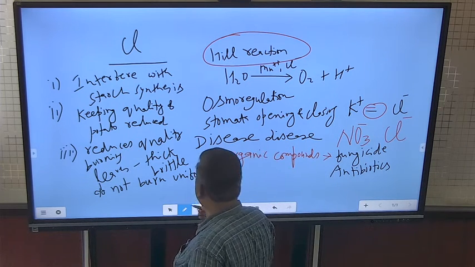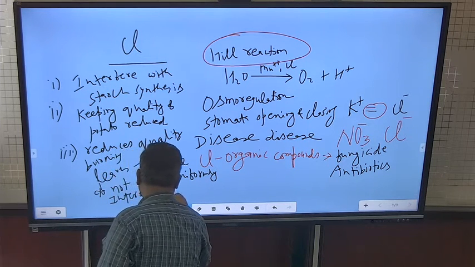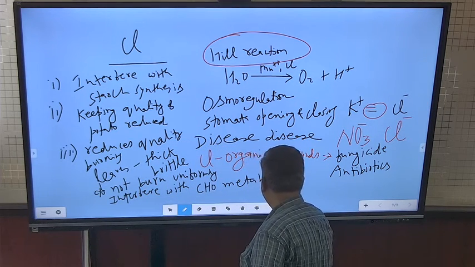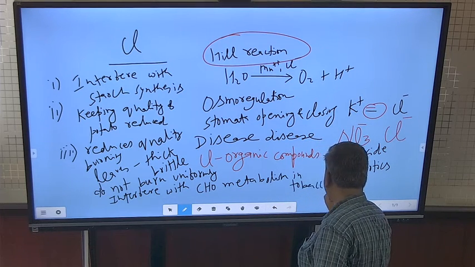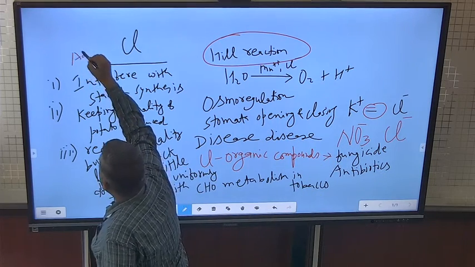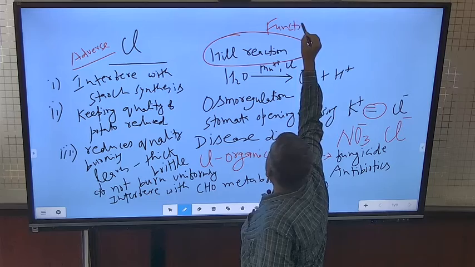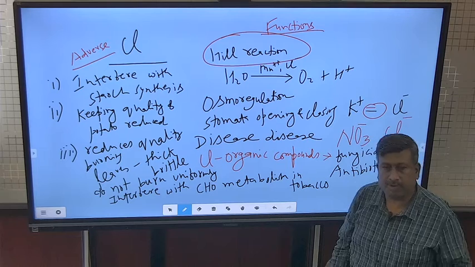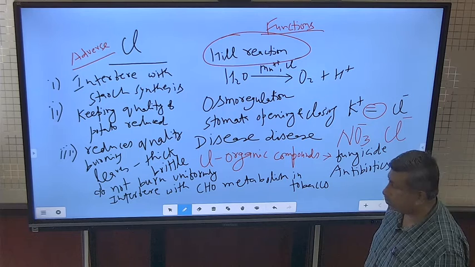So chlorine interferes with carbohydrate metabolism in tobacco. These are the adverse effects, or ill effects, and those were the functions. That is why application of chlorine should be avoided in starchy crops, potato and tobacco.